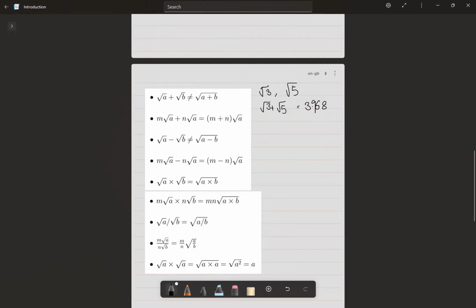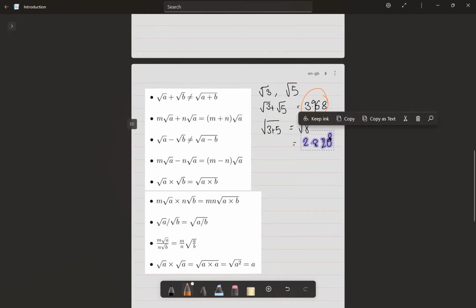And on the other side of the equation, we have root of a plus b, so root over 3 plus 5. Now root over 3 plus 5 is going to give you root over 8, right? 3 plus 5 is 8. So root over 8 from your calculator is 2.828.